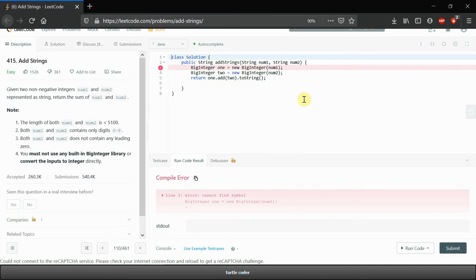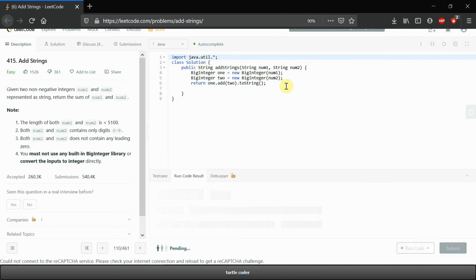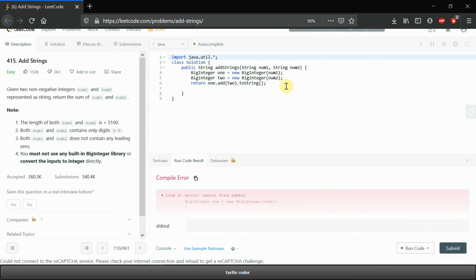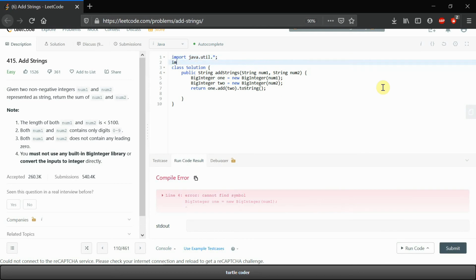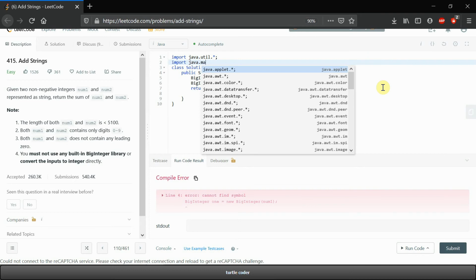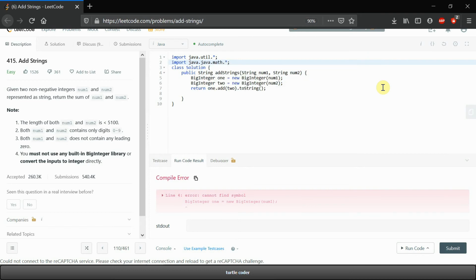Cannot find BigInteger symbol, we have to import the symbol, I guess. Import java.util.star, I think, but that would be present in the math library, but let's see. Or import java.math.star.